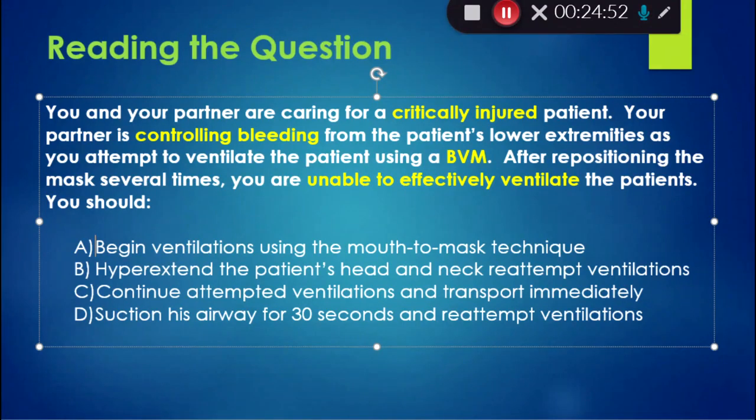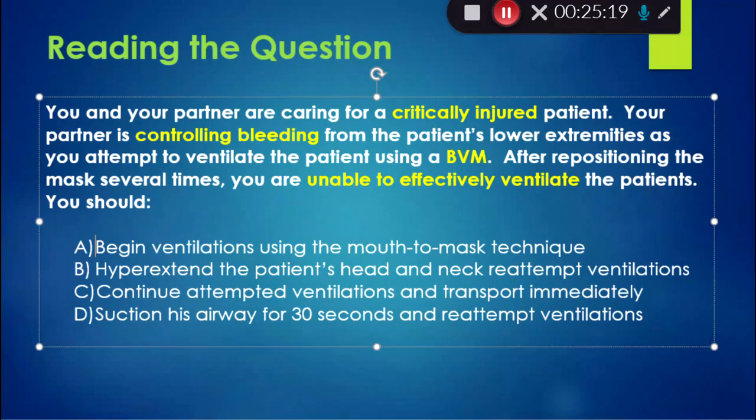C. Continue attempted ventilations and transport immediately. With the transport immediately, I think is correct. Continue attempted ventilations. Maybe. Let's see if there's anything better. So D is suction his airway for 30 seconds and reattempt ventilations.